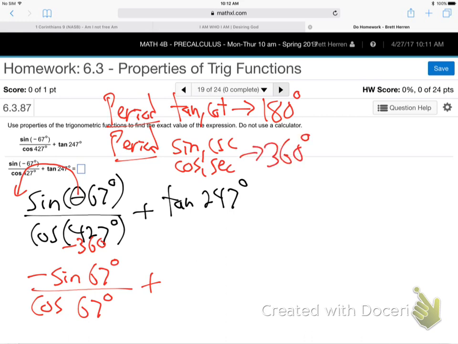So tangent is the special one when it comes to the period. Tangent repeats itself every 180 degrees. That means the tangent of, say, 10 degrees is exactly the same as the tangent of 190, because that's just 180 further. Does that make sense?